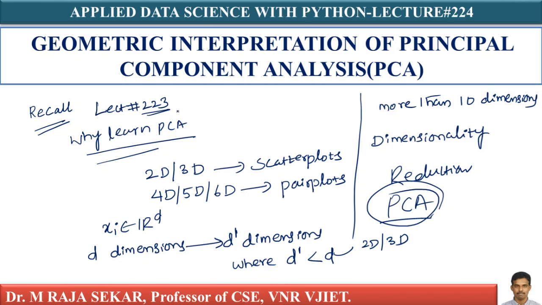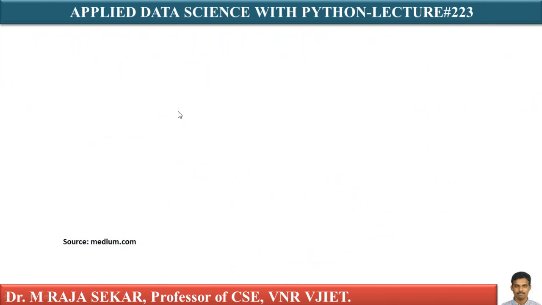Let's take a simple data set of 2 dimensions to understand the geometrical interpretation of PCA. For easy interpretation, I am considering 2-dimensional data.